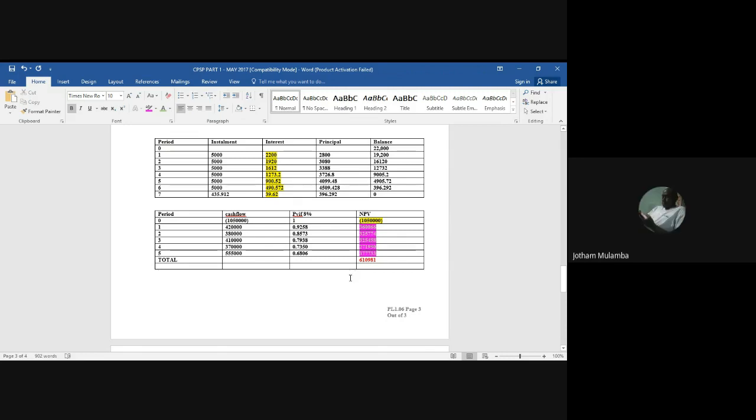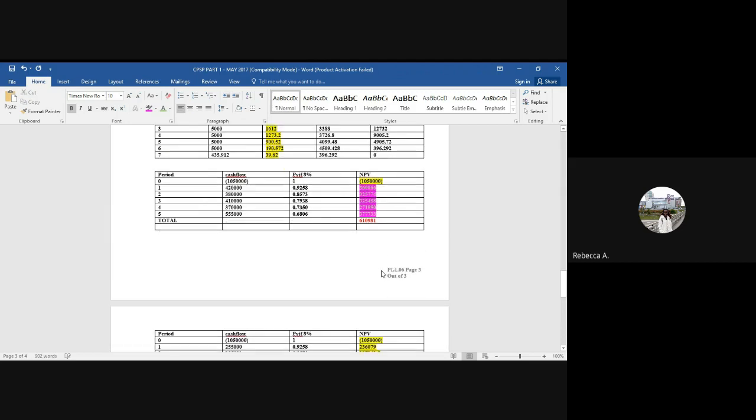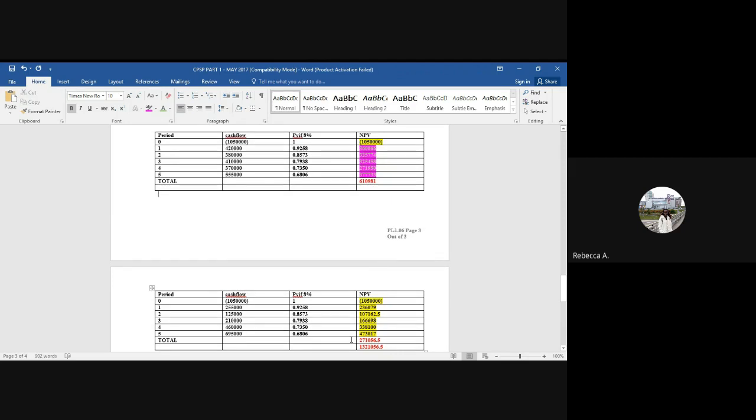Just add those figures without adding that negative 1,050,000. What's the answer?